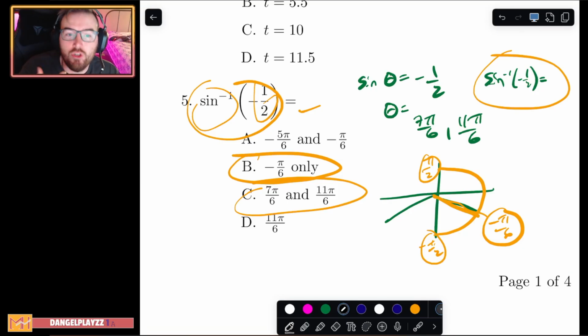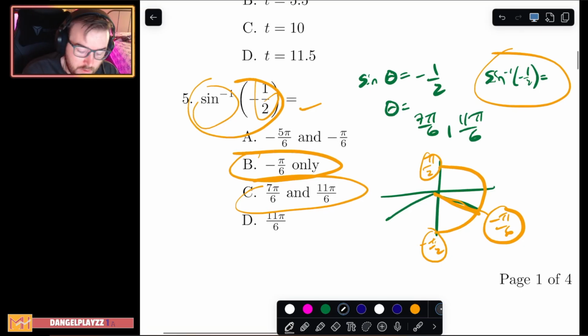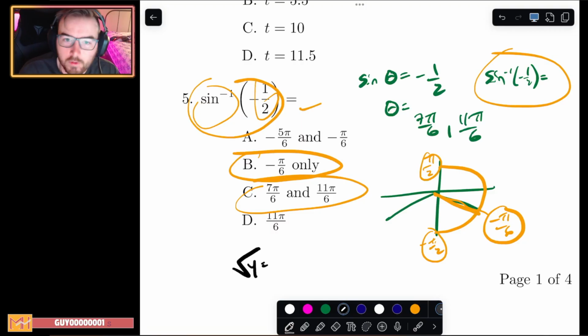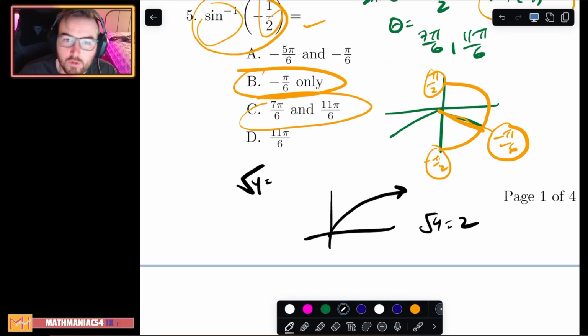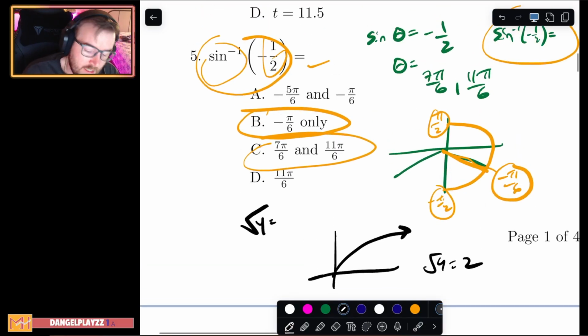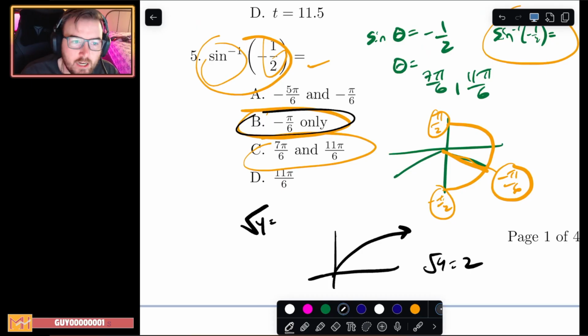Let's have a discussion about it. I bet some of you are thinking square root, right? You're like, well, isn't that plus or minus? No. The square root function is this. The square root of 4 is 2, and 2 alone. The inverse sine of negative 1/2 is negative pi over 6 and negative pi over 6 alone.